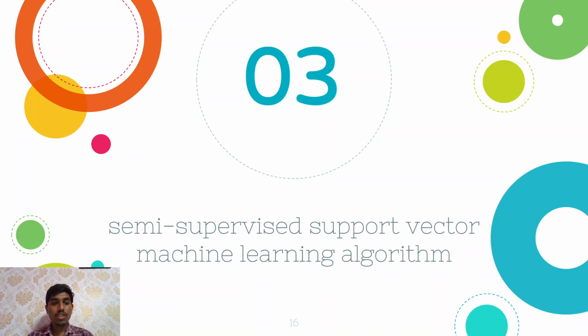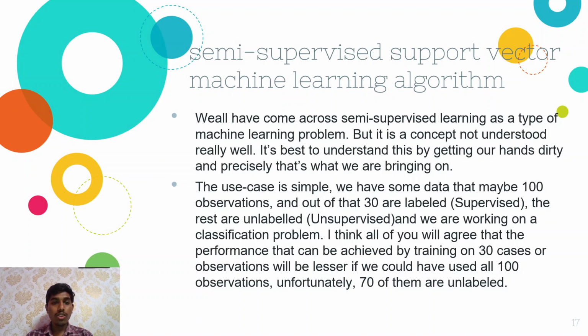So let's discuss the semi-supervised support vector machine learning algorithm, which is the new embedding and updation of the traditional SVM. We have come across semi-supervised learning as a type of machine learning problem, but it is a concept not understood really well.